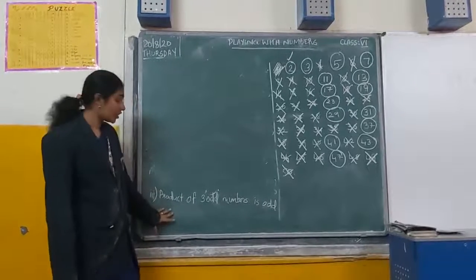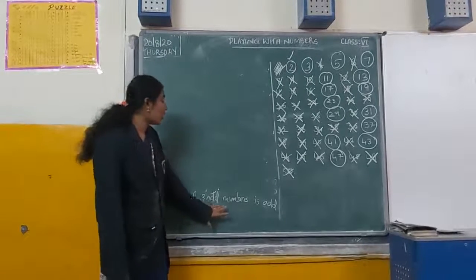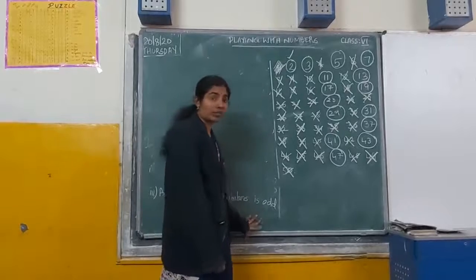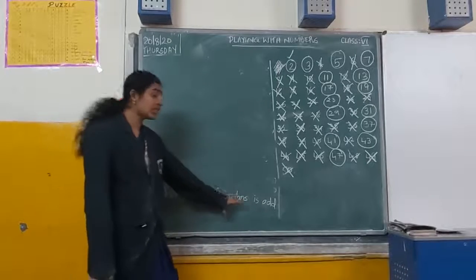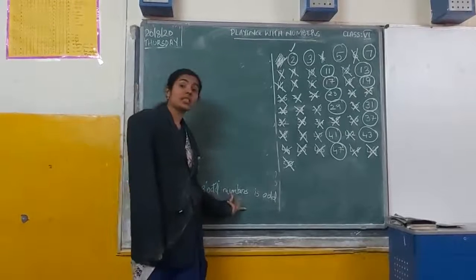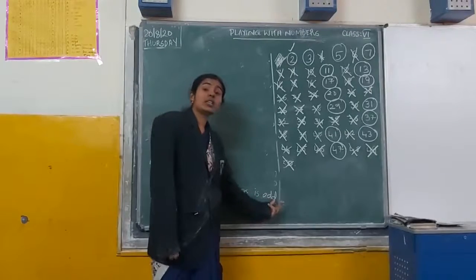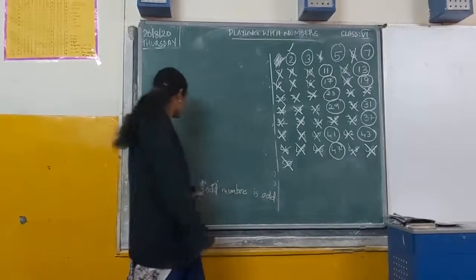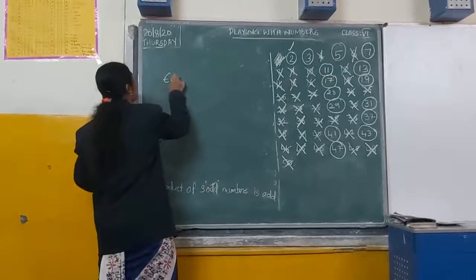See the third question. Product of three odd numbers is odd. Product means you should multiply three odd numbers. You will get the answer odd number. So we will check it by an example.